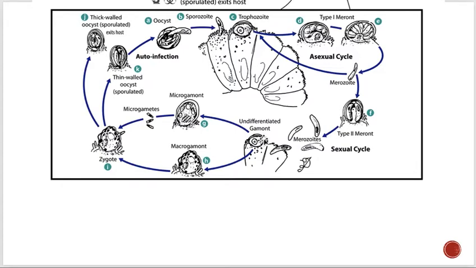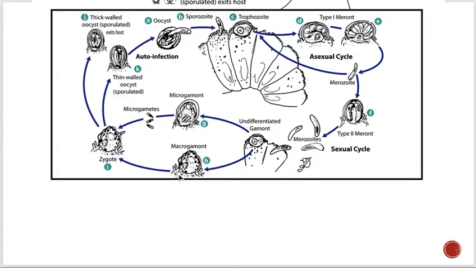So now what will happen, these engulfed merozoites undergo sexual differentiation. Okay, so they will ultimately fertilize, and see, they are forming a microgamont and a macrogamont. Micro is the small one and macro is the big one.